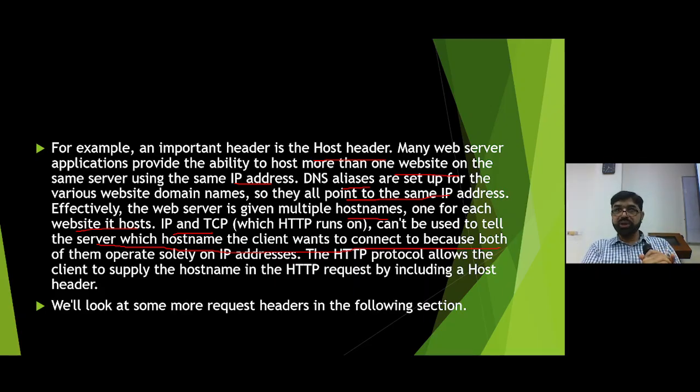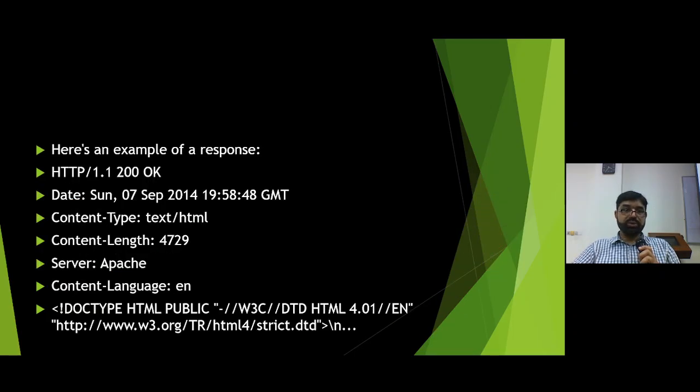Same for TCP. TCP does not look into this header. So this HTTP protocol allows the client to supply the host name in the HTTP request, including a Host header. We will look at some more request headers in the following section.